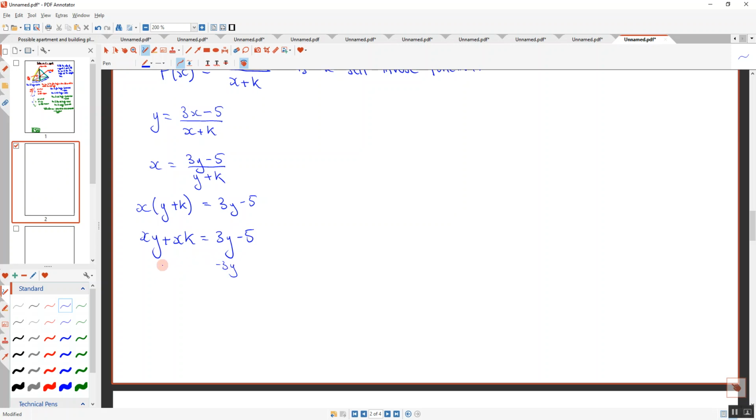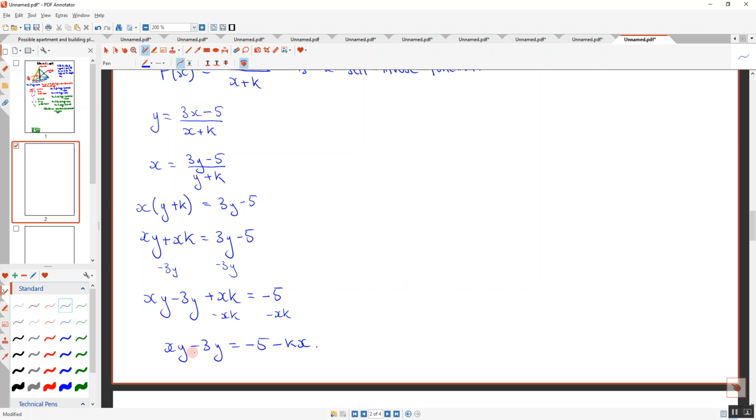Right, I'm going to subtract 3y first. So I get xy minus 3y plus xk equals minus 5. Then I'm going to subtract xk. So I get xy minus 3y equals minus 5 minus, I'll write it as kx.